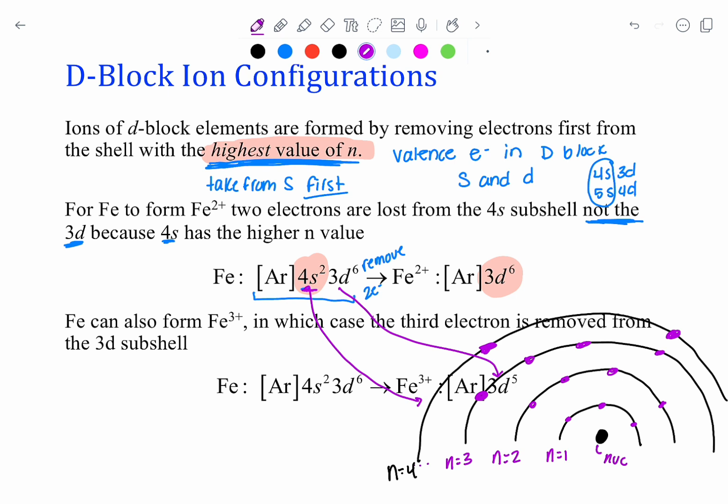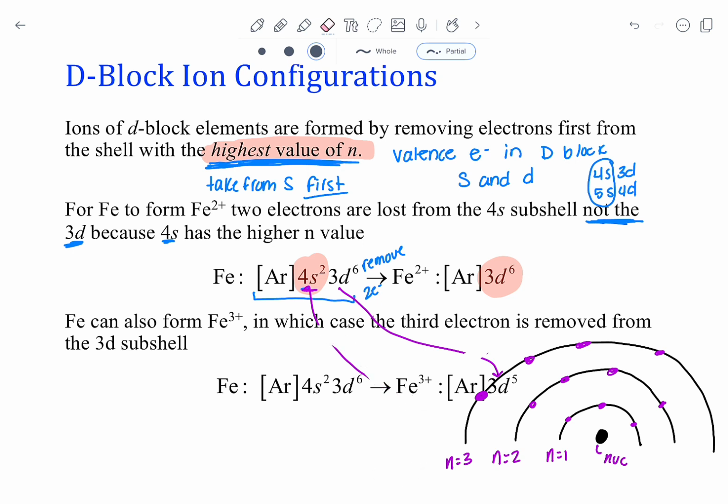So if I want to remove those electrons, I first have to remove the electrons from the 4 before I can even get to the 3. So this is where thinking of the atom as these layers with shells surrounding it is easier to think of than what we're seeing in our ordering of our electron configurations.